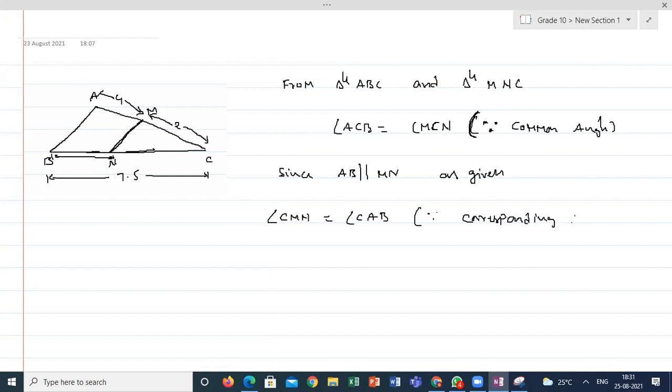Corresponding angles. So from the angle similarity criteria, triangle ABC is similar to triangle CMN, triangle MNC.